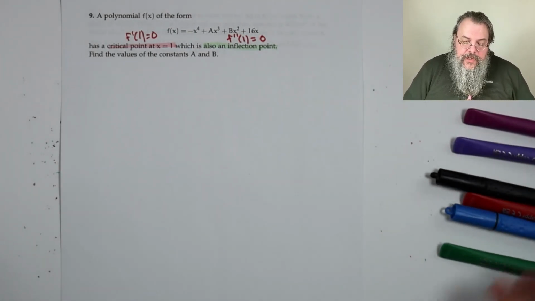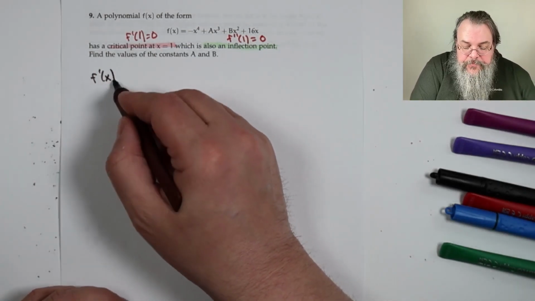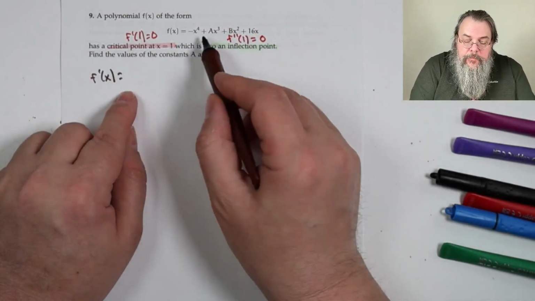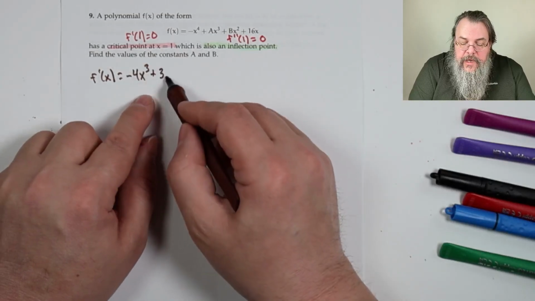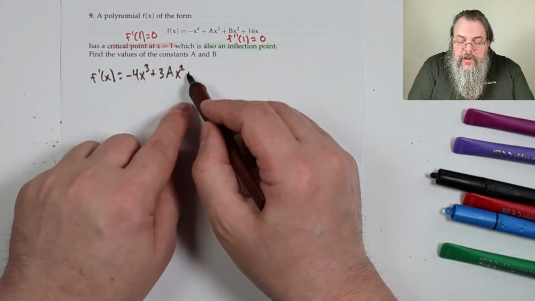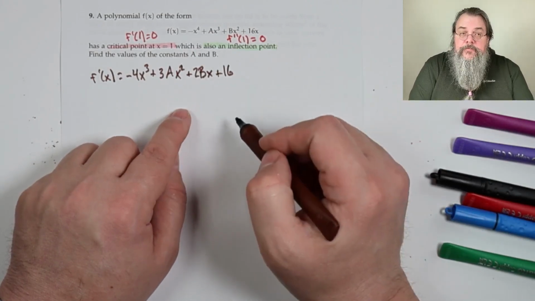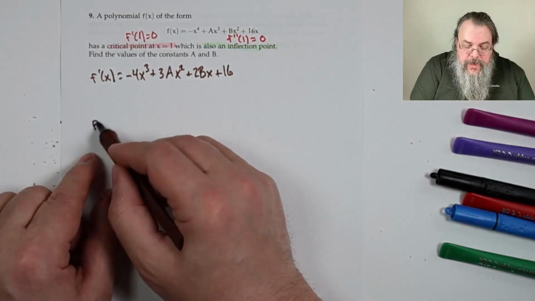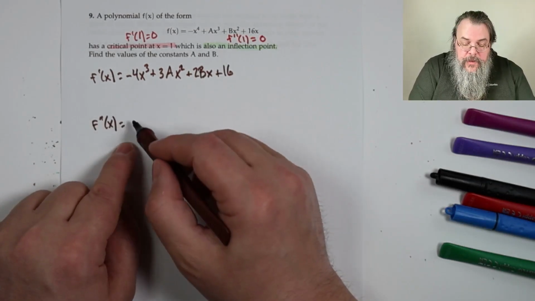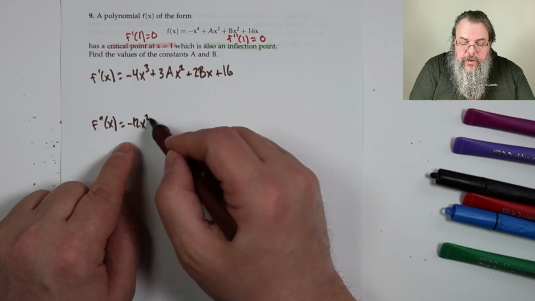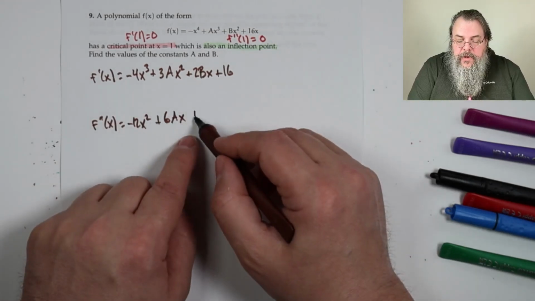We'll start by taking the derivative, and we say, all right, f prime of x is minus 4x cubed plus 3ax squared plus 2bx plus 16. And f double prime of x, now the derivative of that: minus 12x squared plus 6ax plus 2b.